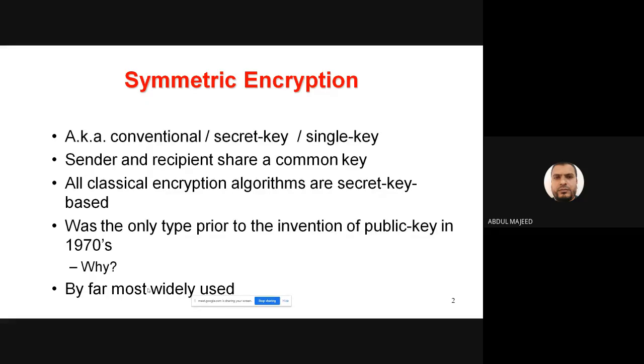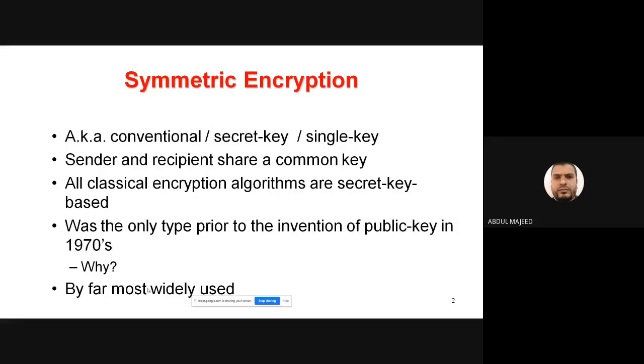Asymmetric means the sender is using its own key and the receiver is using its own key. Or the sender is using one key and the receiver is using another key for the encryption and decryption process. Or you can say that for encryption we are using one key and for decryption we are using another key. So two different keys for two different processes, right? That is called asymmetric.